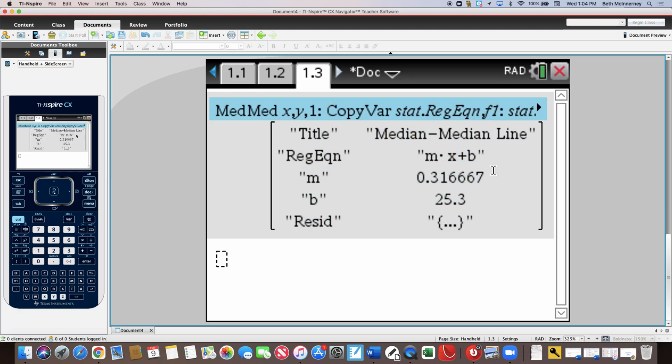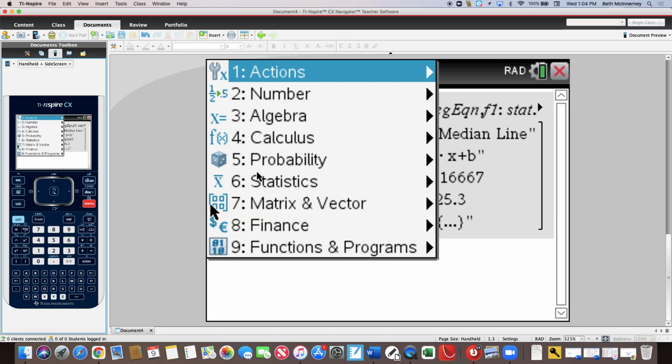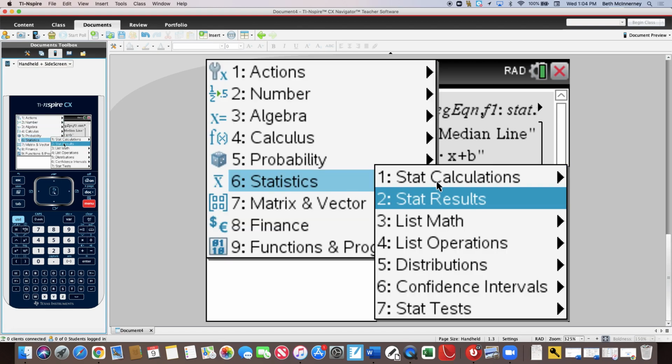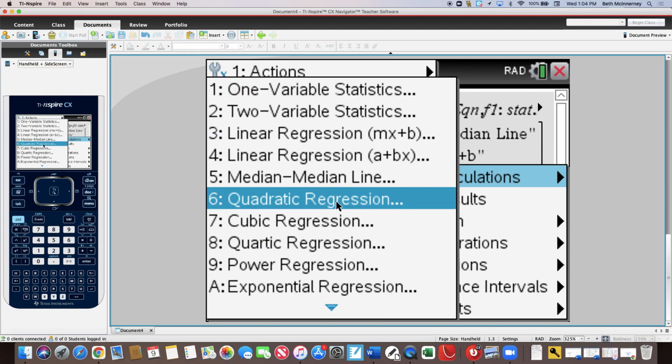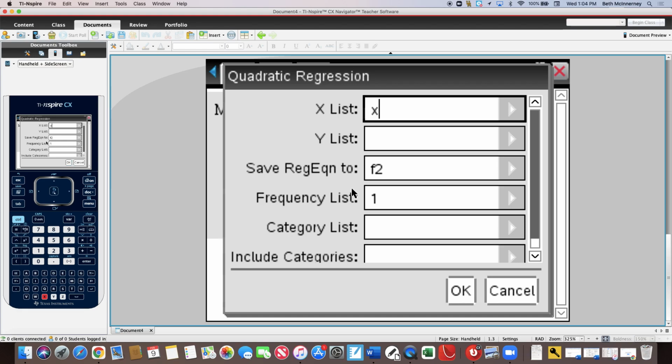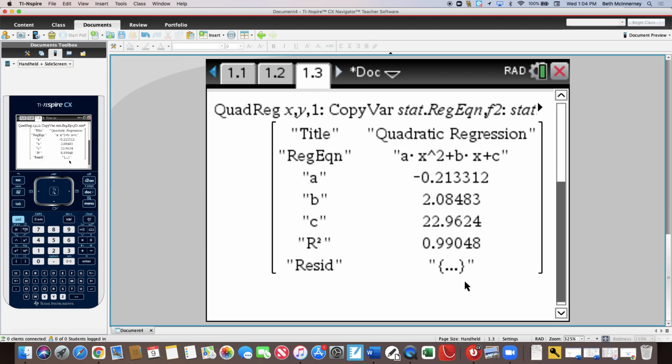For some reason mine's not showing. Am I hitting the wrong button? This would be quadratic regression. There it is. Okay, I must have been hitting the wrong button. So do you see that R squared is 0.99? That means it's excellent. That is an excellent approximation.